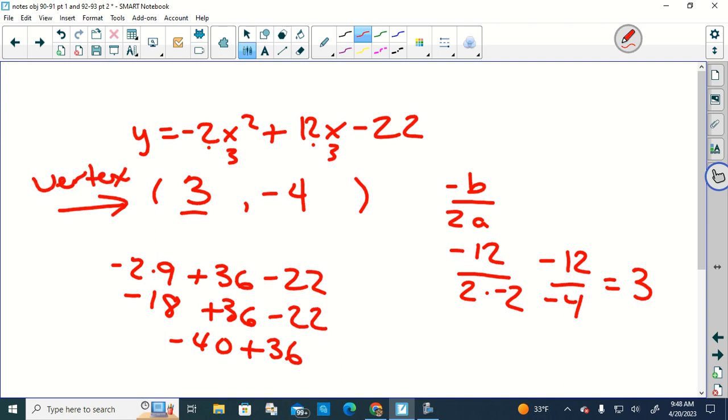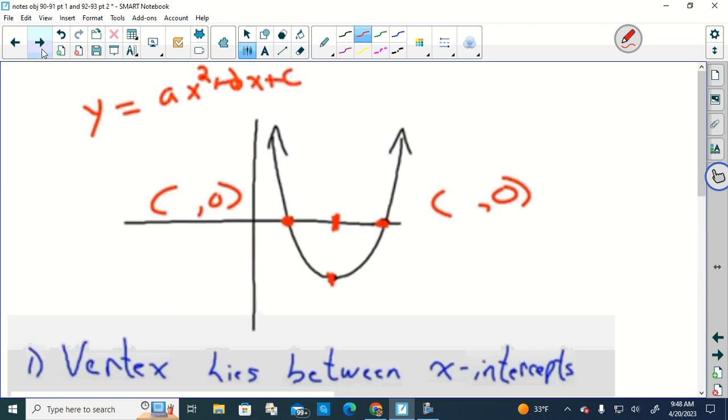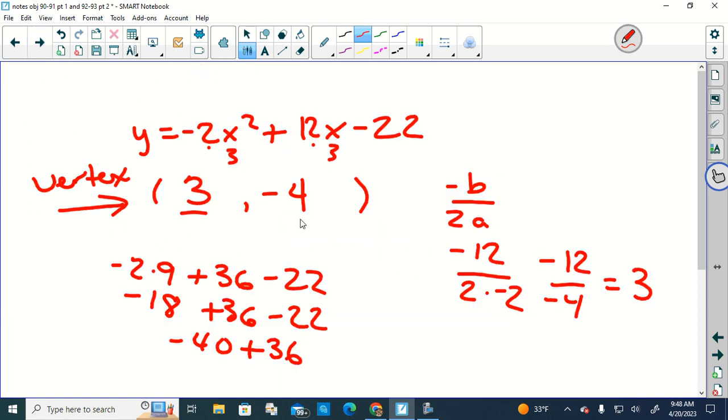If you go back to the problem that we did that was written out the long way, if it's written in quadratic form, this will be much shorter. Going back to this one, our coordinate here was over 1, 2, 3, and down 1, 2, 3, 4. That's the location of our vertex, over 3, down 4.